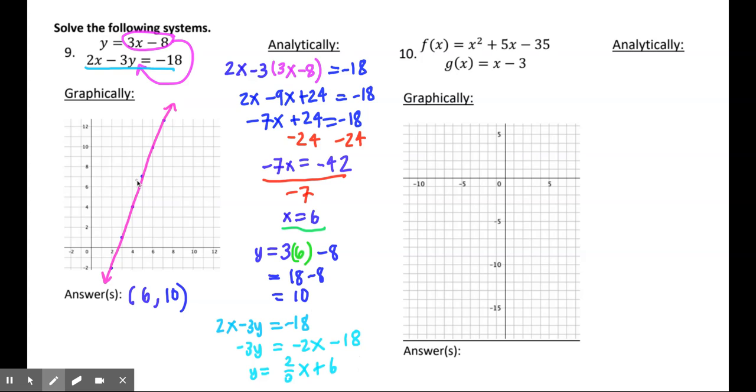So you have a y-intercept of 6 and then a slope of 2/3. And then you can see it does intersect here. And so there's my line.